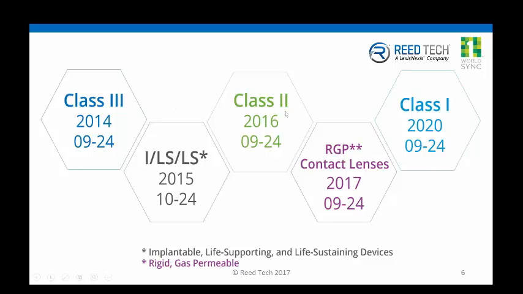Then Class 2s were all submitted. I'm sure they were all submitted by last September. If there's any stragglers, that information is still being sent to the FDA. But then with this year, the rigid gas permeable contact lenses are still required for this September. And then finally, the Class 1 information in 2020.